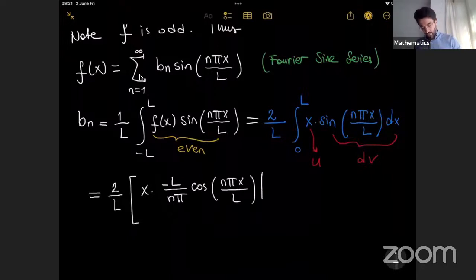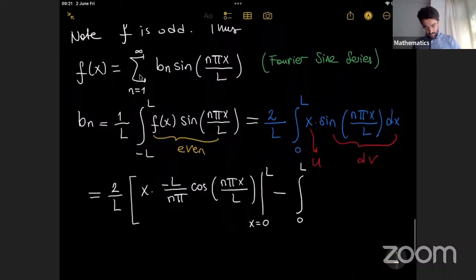Okay, from 0 to L, x is from 0 to L, minus the integral of v times du, from 0 to L. Remember, this is v, this is u.